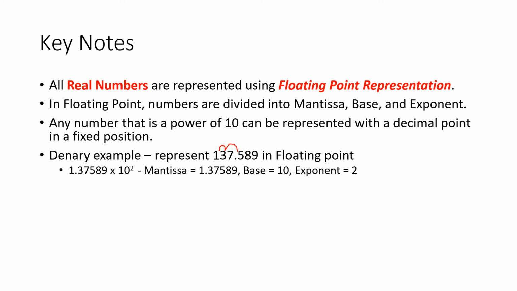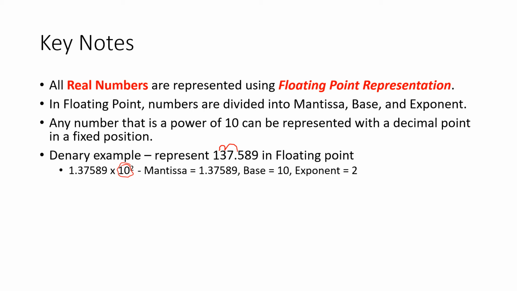So pulling the numbers out of here, our mantissa would be 1.37589. Our base would be 10 because we're dealing with our denary number system, so it's got 10 possible numbers from 0 to 9. And then our exponent, which is our power, is the 2.